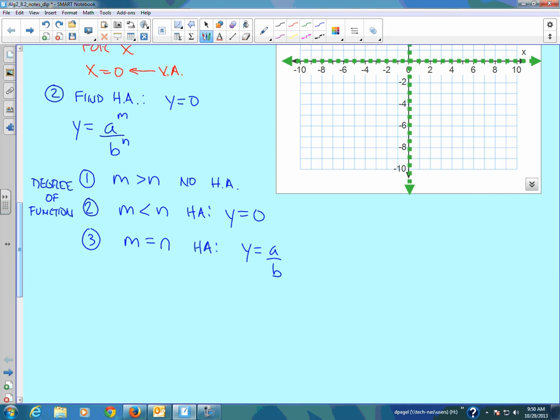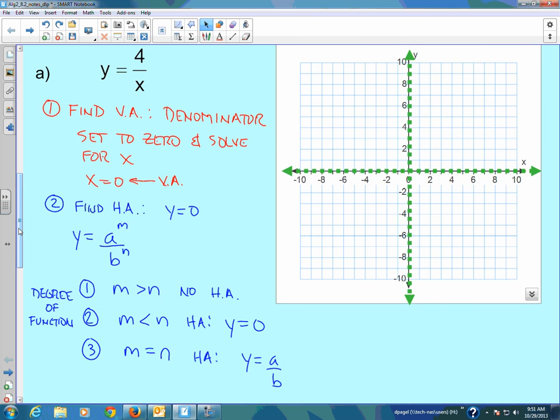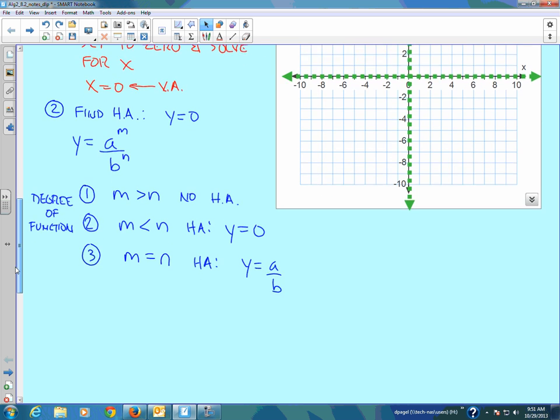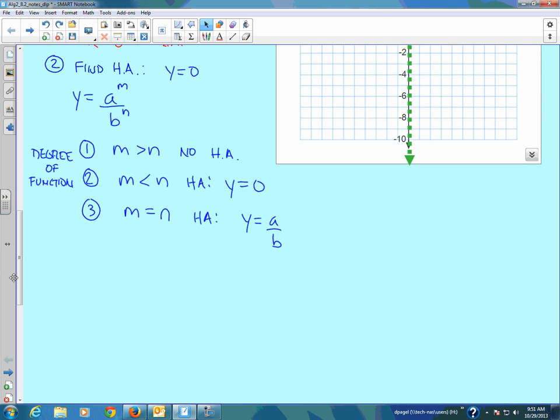So those are 3 of the conditions we can have for some of our rational functions for finding horizontal asymptotes. For vertical asymptotes, we will always just set that denominator equal to 0 and come up with that value of x.